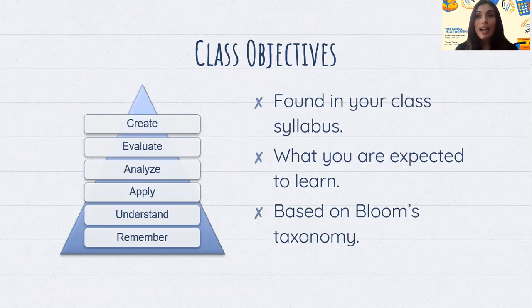Now, it might not be those exact words, but usually they are words along these lines. And we're going to talk a little bit more about Bloom's taxonomy and how this is going to determine the different types of multiple choice questions you could potentially be asked on a test.